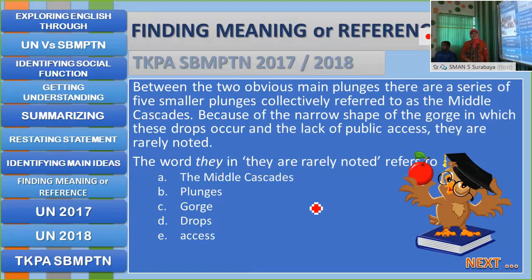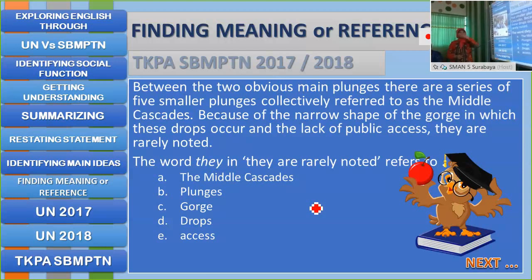Okay, another text. Can you guess what the short text is? Between the two obvious main plunges. Plunges? Do you know what plunges is? It's a kind of, apa ya, air yang jatuh di kolam gitu ya. Main plunges, there are a series of 5 smaller plunges collectively referred to as the middle cascades.